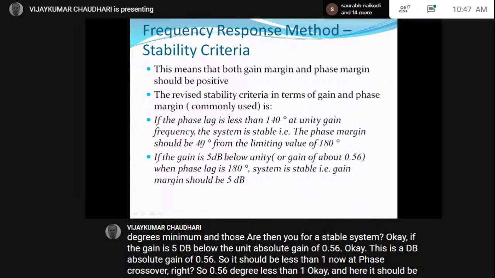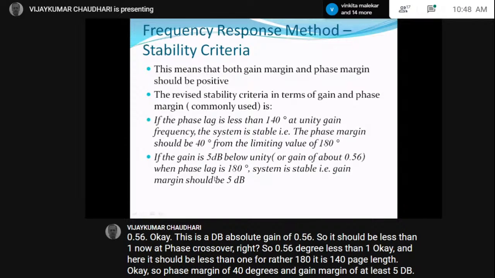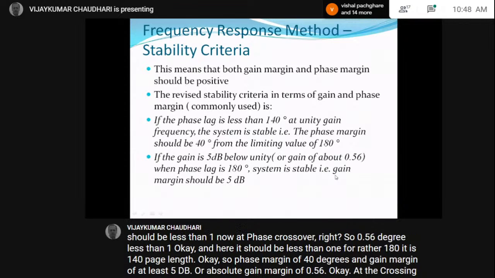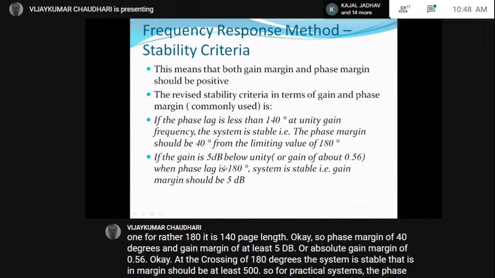Okay, so a phase margin of 40 degrees and a gain margin of at least 5 dB, or absolute gain margin of 0.56, at the crossing of 180 degrees, means the system is stable. That is, gain margin should be at least 5 dB. So for practical systems, the phase margin should be 40 degrees minimum and gain margin should be 5 dB.